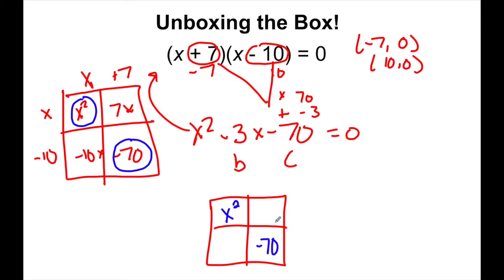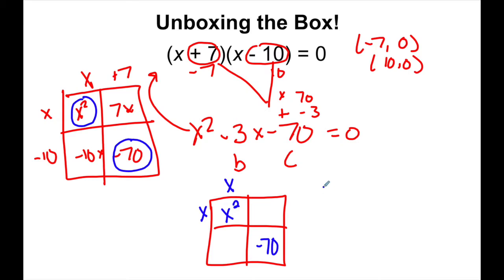And if I know that, what can I figure out about the other sides? Well, I know this needs to be x, and this needs to be x, because otherwise, how would you get x squared? Now, how can I get 70? Well, there's a few ways.